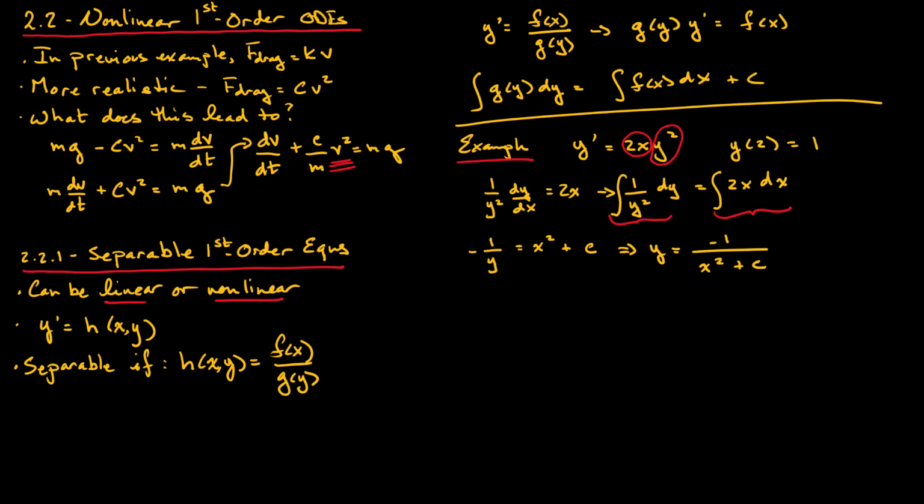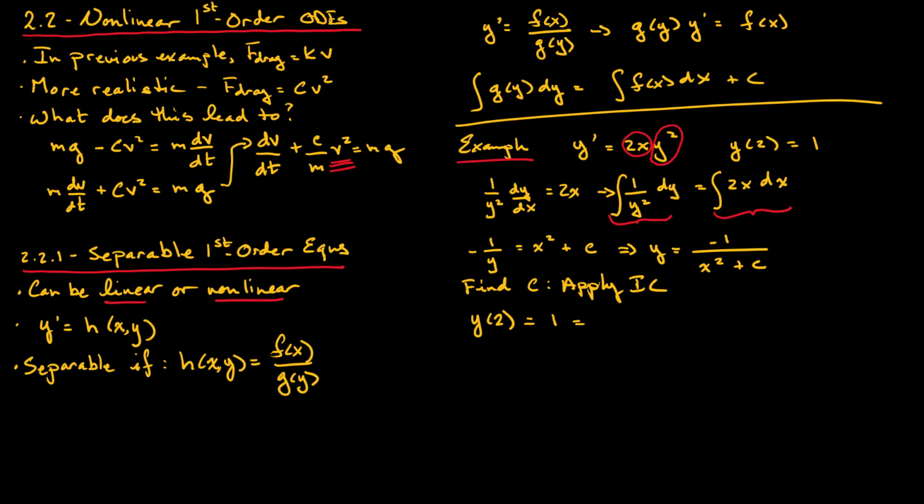Now to find the constant c, we apply our initial condition. So we know that when x is equal to 2, y is equal to 1.